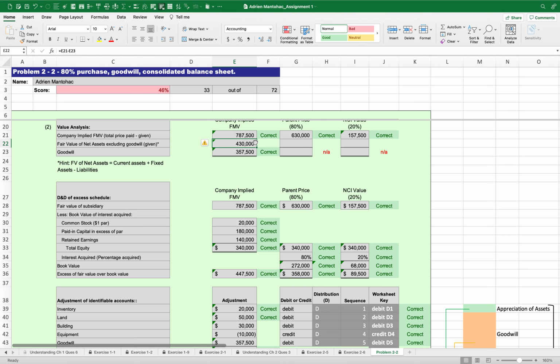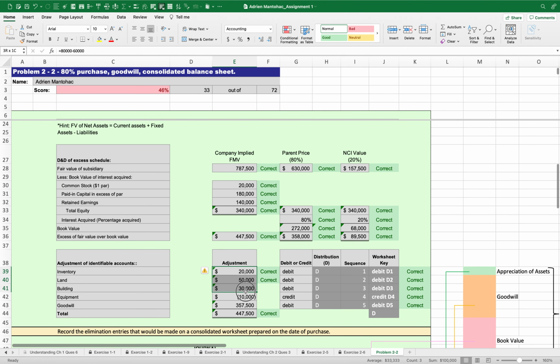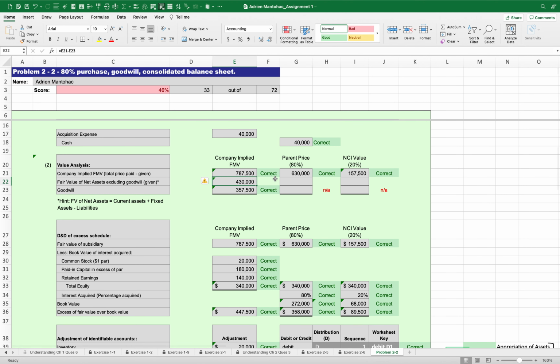Plus we had appreciation of various items, including inventory, land, and equipment. So that would have been these items here, a total of 90,000. So 340,000 plus 90,000 that you see down here is equal to 430,000. And that's how we can confirm that this number is correct.